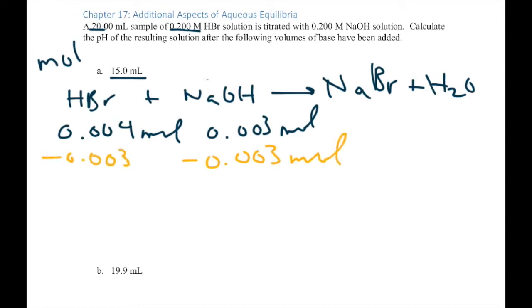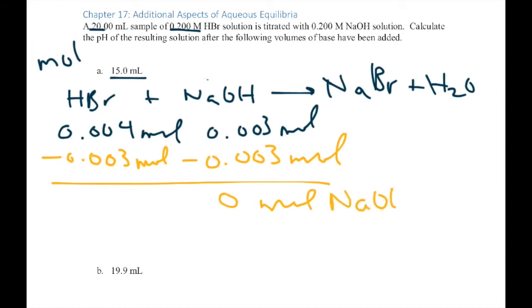This is like our change. So we'll get 0 moles remaining of NaOH, but 0.001 moles of H+.